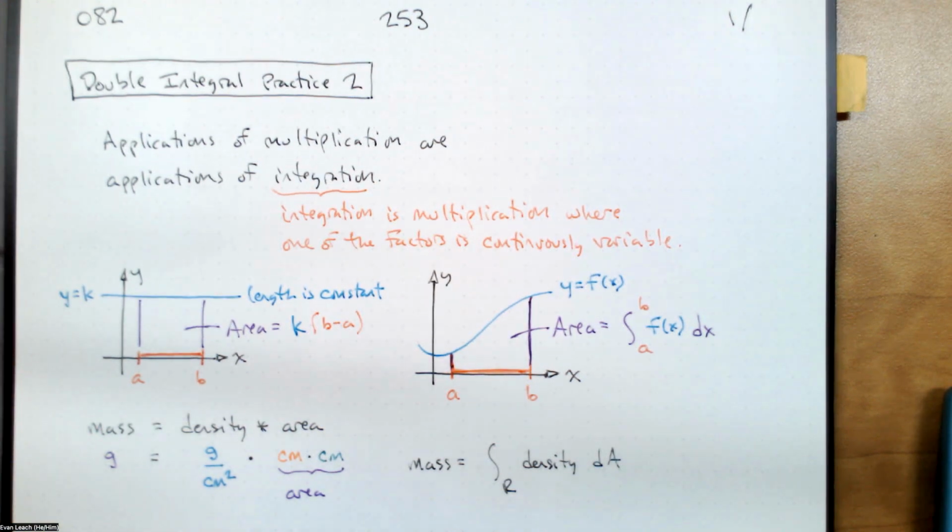We'll integrate the density over the region. This is going to require that we describe the region to the density function, find an antiderivative, and evaluate. In this case, since we're integrating dA, we're going to create a double integral for the region.